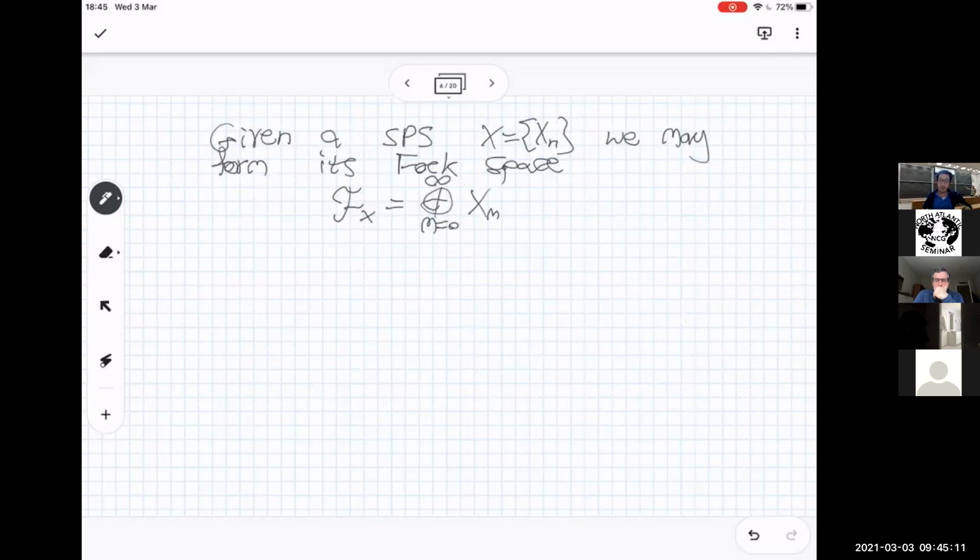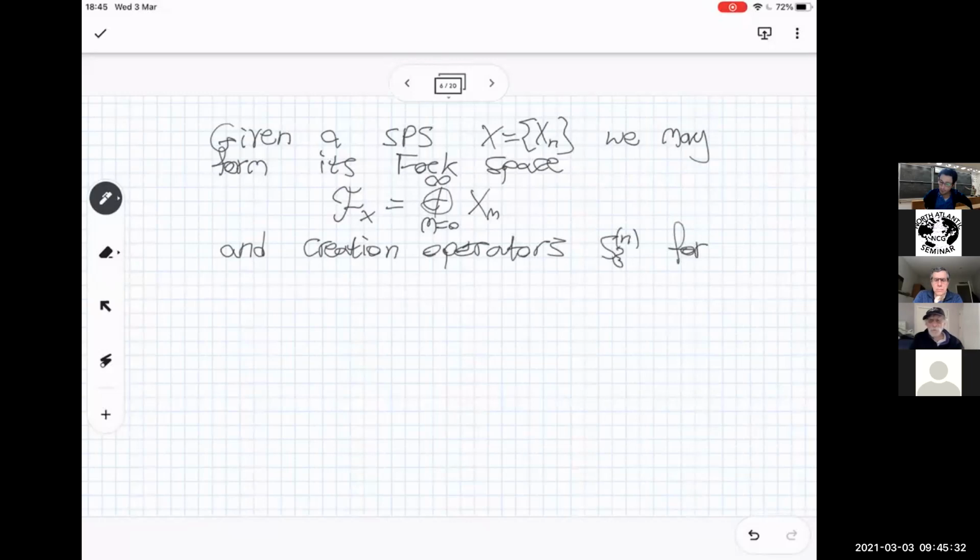And as soon as we have a Fock space, we have some creation and annihilation operators on it. So we have creation operators S psi n for psi in Xn, given by S psi n of eta: take psi, tensor it with eta.